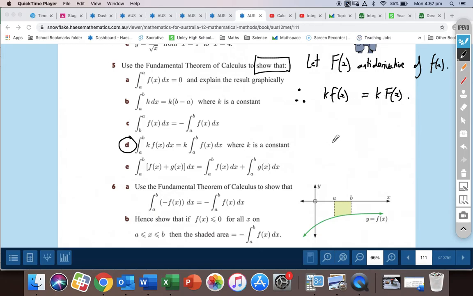Like if I had some number, do a 3 again. So if my antiderivative equaled this, what would happen when I took the derivative to get back to my original f of x? So the derivative of that would be 6x.